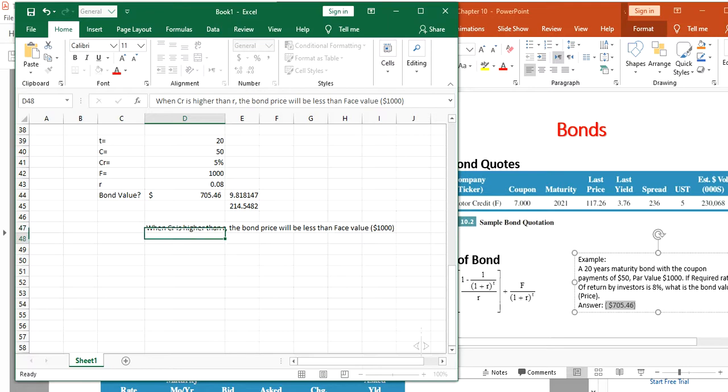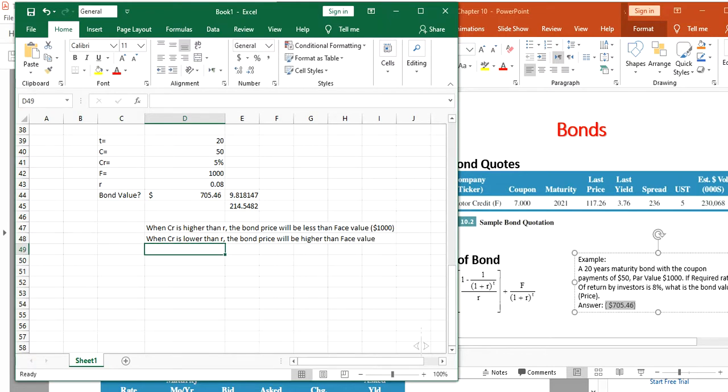When the coupon rate is lower than R, the bond price will be higher than face value.